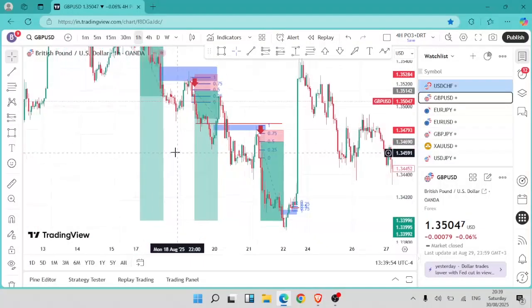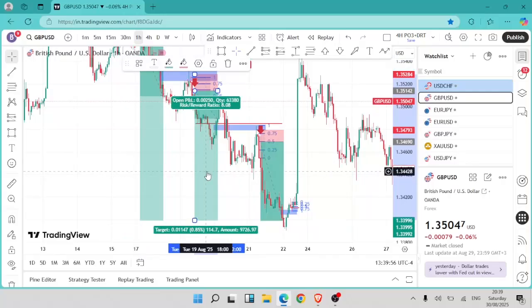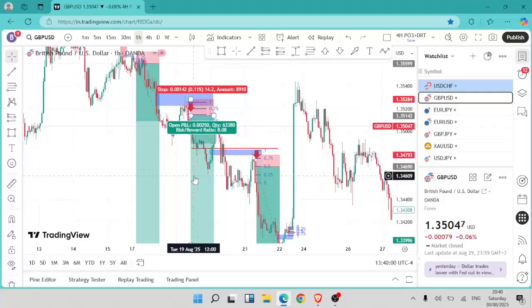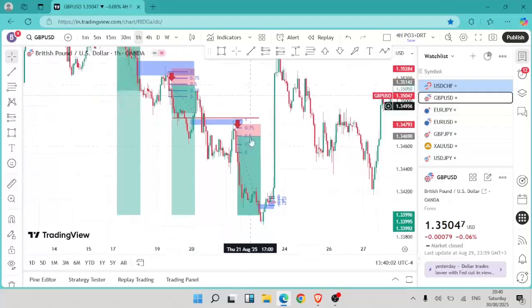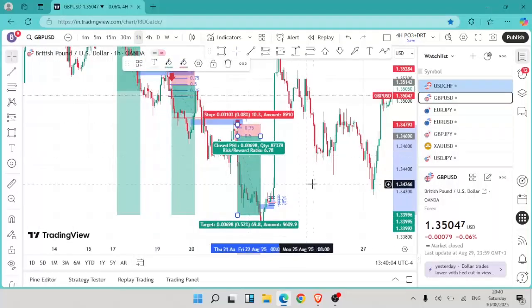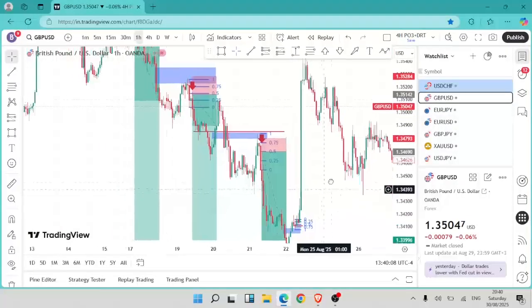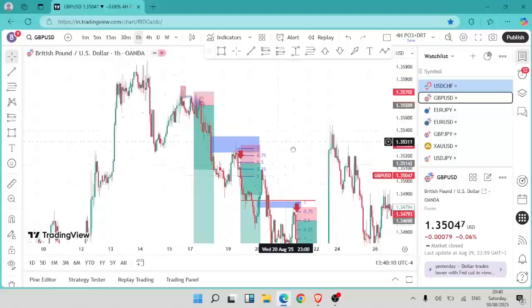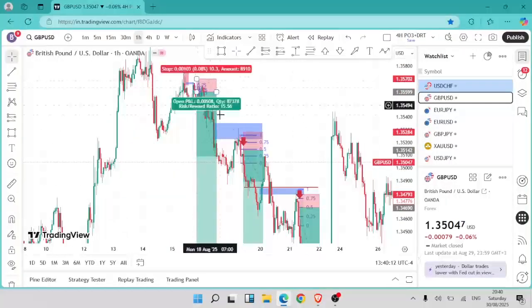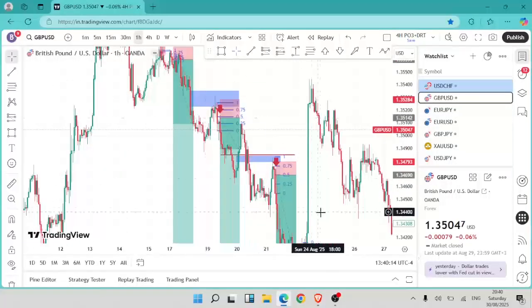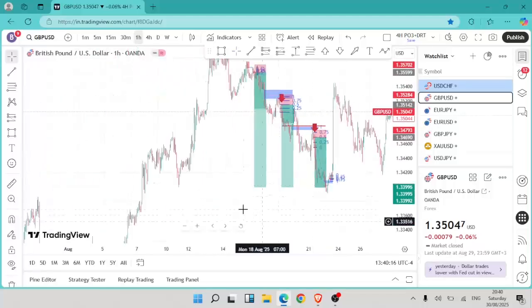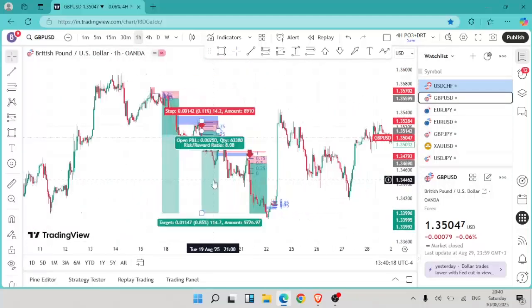This was 15.56 and this is 8, that is 21, that is 23 plus 6, we have 29, almost a 30 R. If you're risking 1% of your trade, you've grown the account by 30% just in how many days? In 5 days. So that is a model you can use to swing.